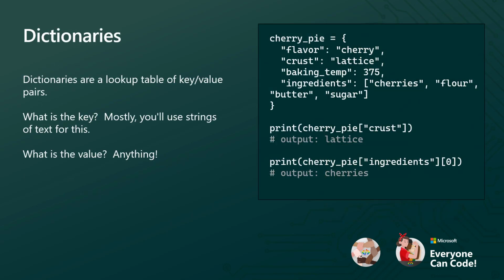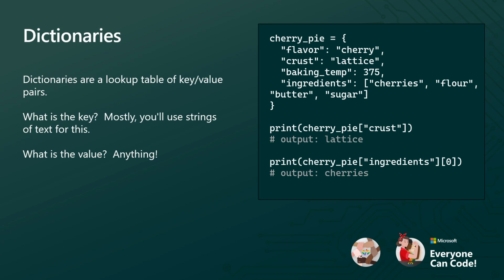Here we have a cherry pie dictionary. And our first key is flavor, and its value is cherry. Our second key is crust, and its value is lattice. The key baking temp has a value of 375. Now you'll notice that 375 is not in quotation marks like cherry or lattice.